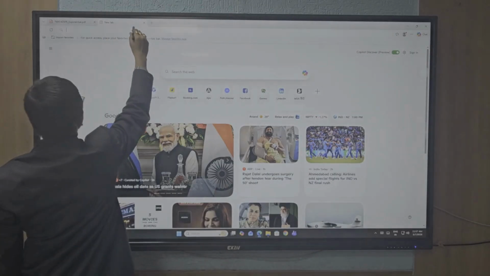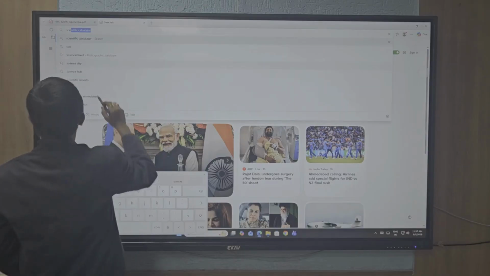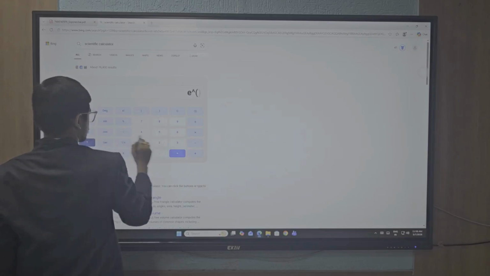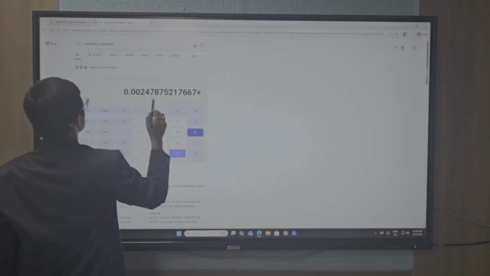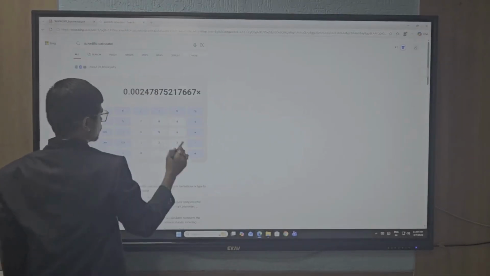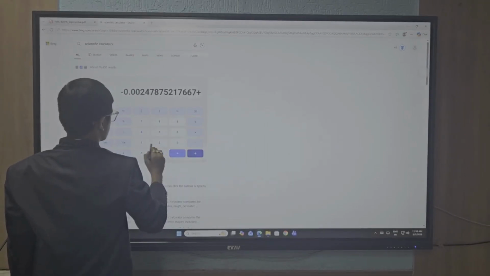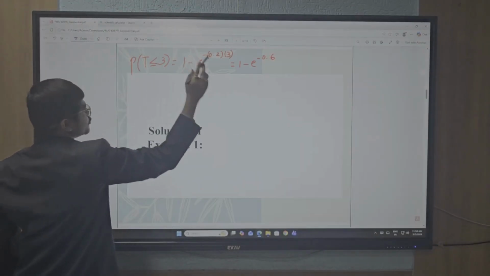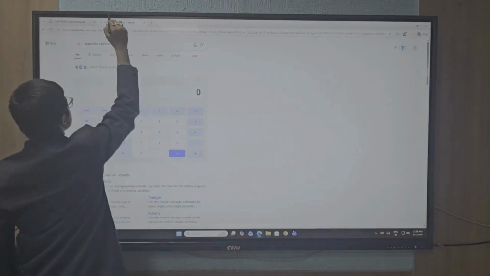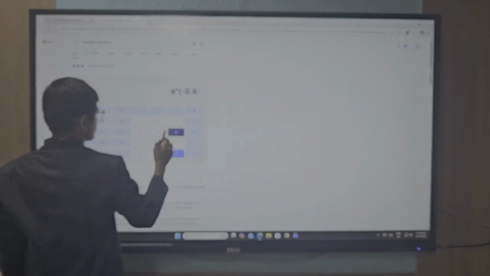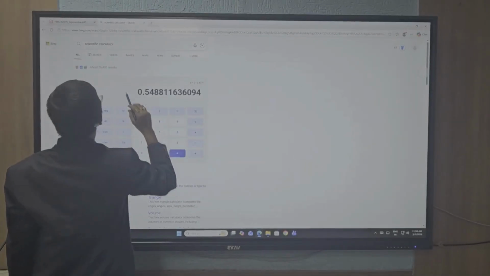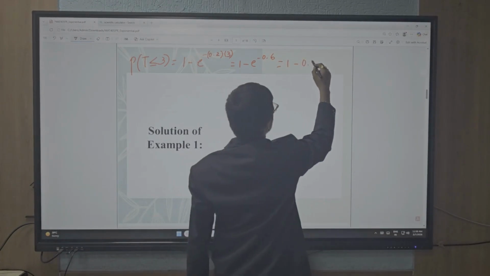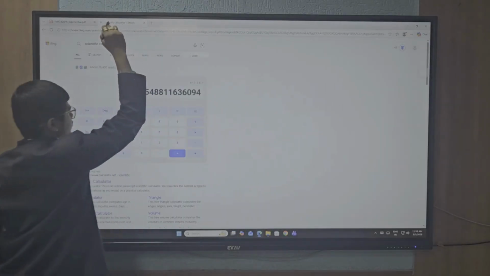So here, e raised to minus 0.6, sorry, 0.6 not 6, is 0.5488.